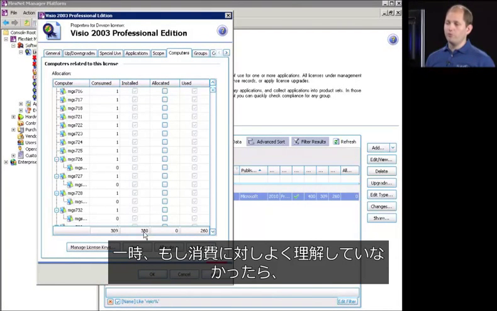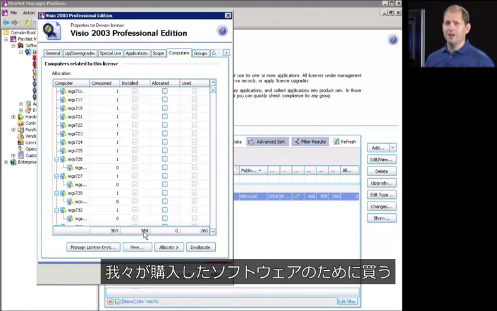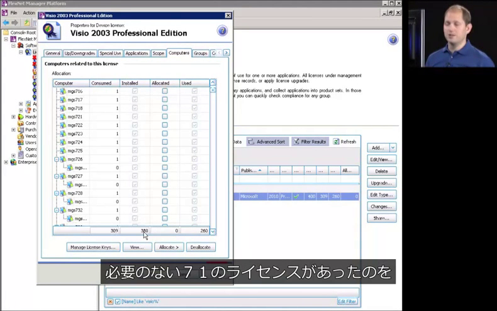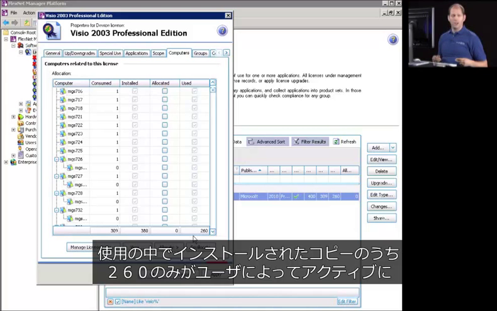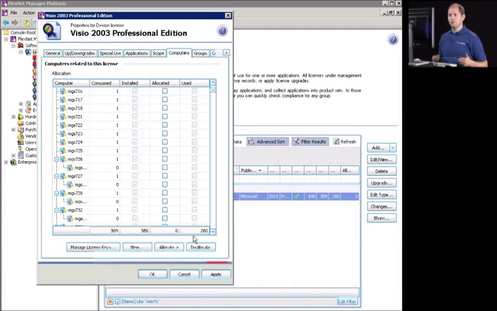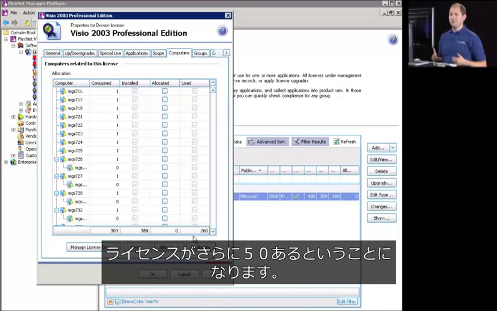In one moment, we've recognized that there's 71 licenses we didn't need to buy for this software that we would have bought if we didn't have a good understanding of the consumption. Additionally, we're tracking the usage here, and so under usage, we're able to see that only 260 of these installed copies actively get used by the user, which means there's an additional 50 licenses that may not need to be deployed as well.